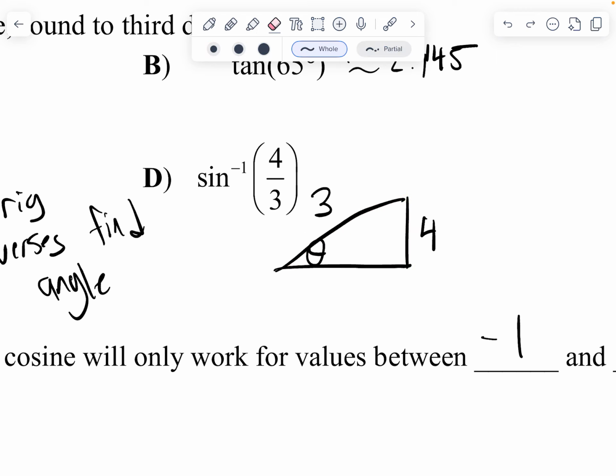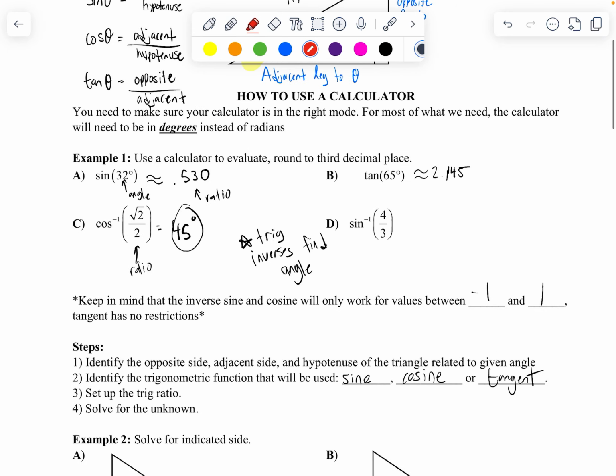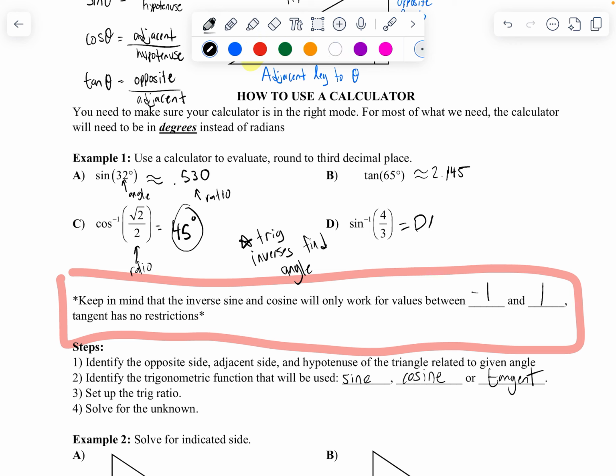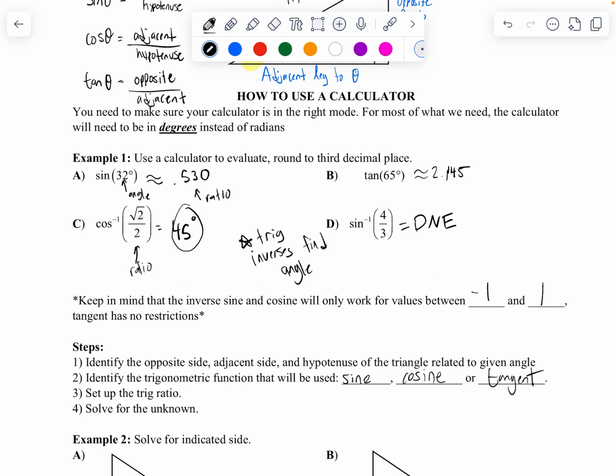No. And this is where we have to be a little careful with trig inverses: you will only be able to find trig inverses for sine and cosine for values that are between -1 and 1. 4/3 is larger than 1, which means that angle does not exist. There is no angle that would give you a value larger than 1. The tangent function doesn't have those restrictions, but sine and cosine do.